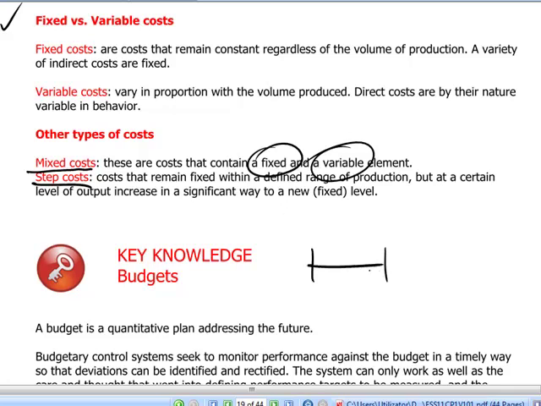Let's say we have a garments manufacturing, and we have fixed costs with regard to supervisors' salaries. As we increase production, the supervisor's salary stays the same because we have one supervisor for 10 direct laborers.